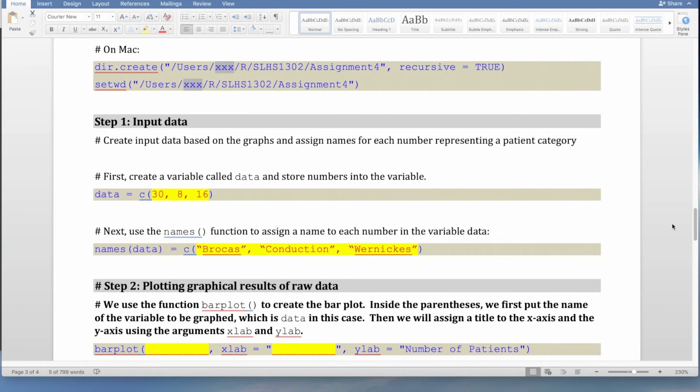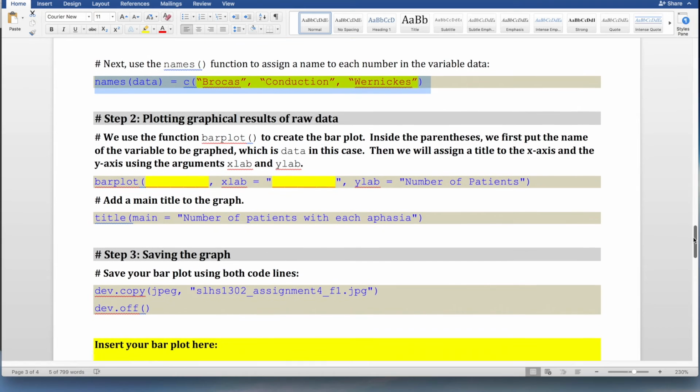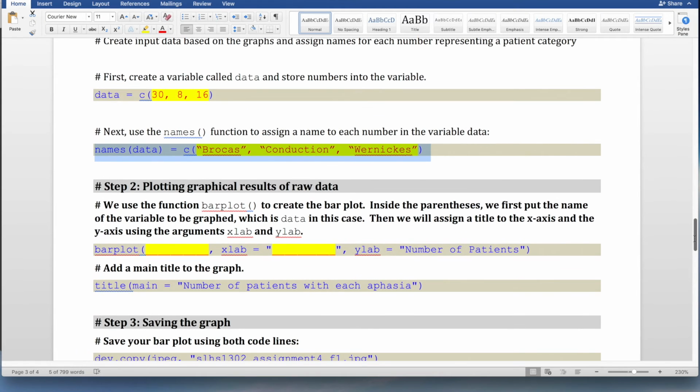Okay, now we are going to plot these results. We are going to use the barplot function to create a bar plot. It says inside the parentheses, we first put the name of the variable to be graphed. We know the name of this variable, as we see up here, when we were creating the variable, its name is data.